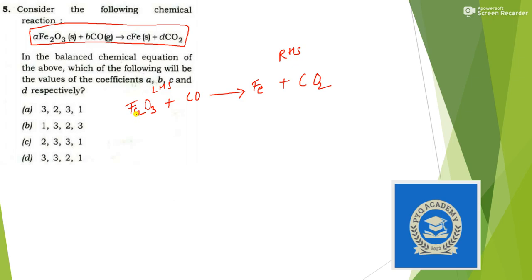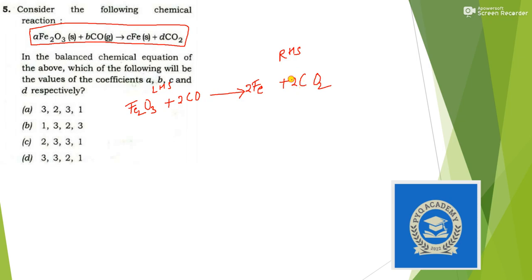There are two atoms of Fe, so let's multiply 2 here. Now there is 1 C, but on the left there are 4 oxygen and on the right only 2 oxygen. If we multiply 2 in the first case, we have to multiply 2 here also, then it becomes 3 plus 2, 5, and here there is only 4 oxygen.